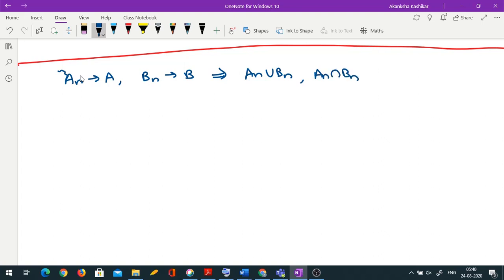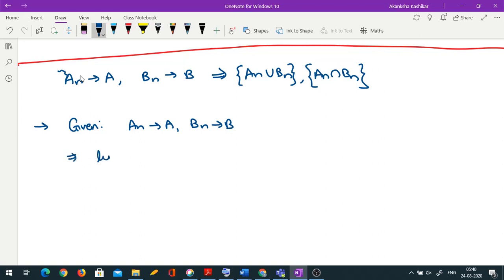Okay, so if an is a sequence, bn is a sequence, then an union bn is another sequence, an intersection bn is another sequence. So what can we say about those? So let us try to examine. So what is given to me is an converges to a and bn converges to b.